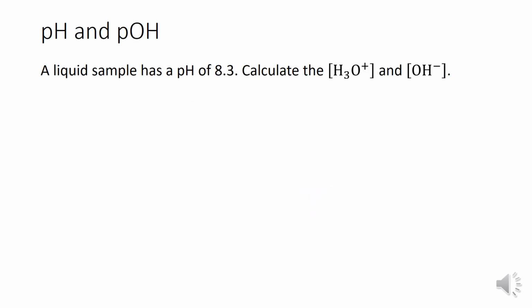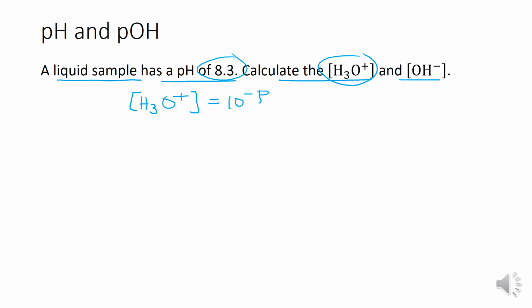Now this one is the same problem that we solved in a previous slide. So we have a liquid sample with a pH of 8.3, and then we have to calculate the hydronium ion concentration and hydroxide ion concentration. Again, if we need the hydronium ion concentration from a pH, we have to use the inverse of the formula for pH, which is the hydronium ion concentration is equal to 10 to the negative pH, right?